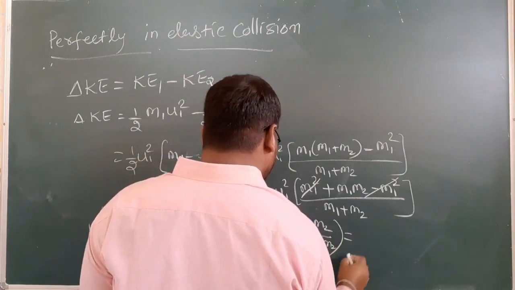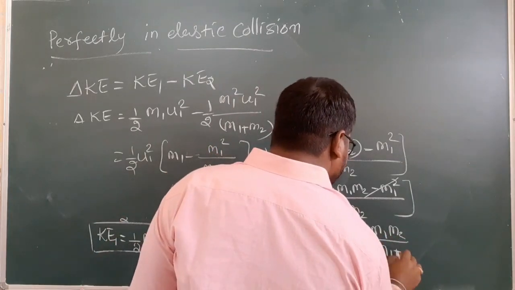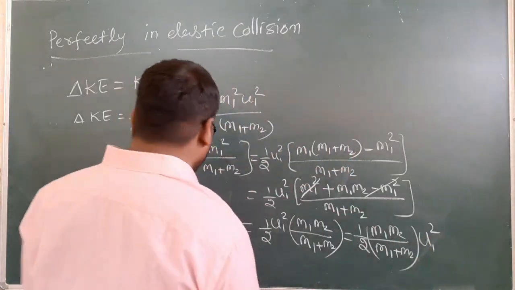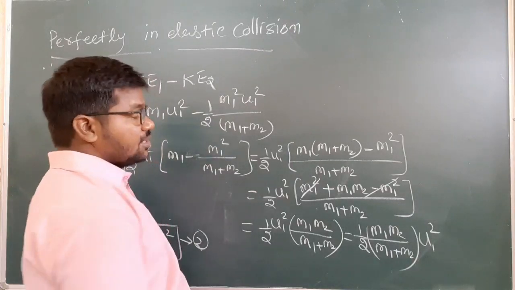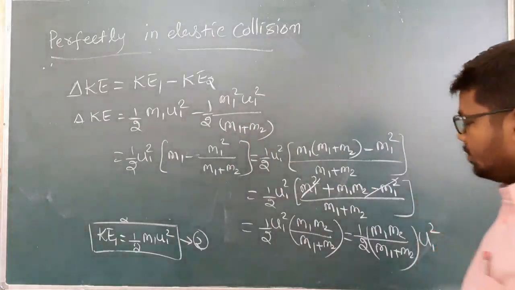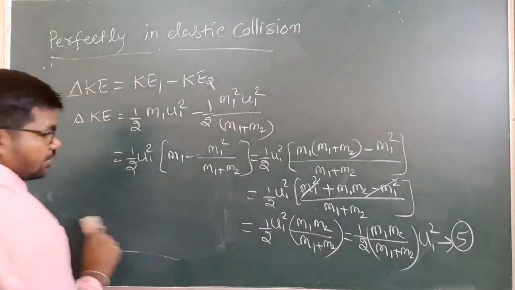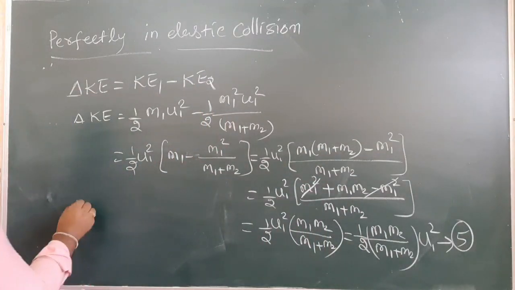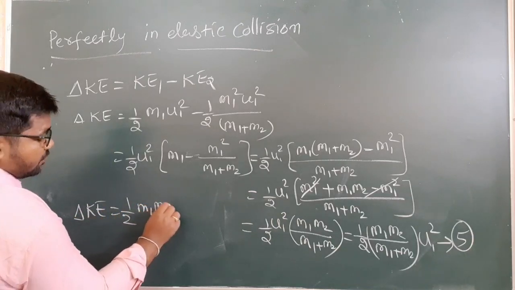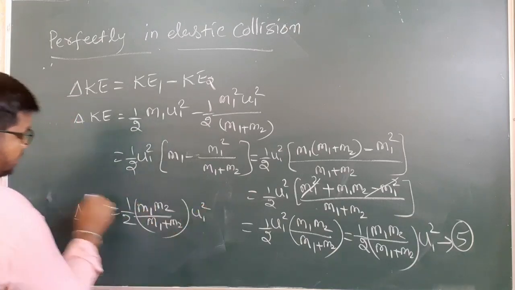Rearranging, we get 1 by 2 m1 m2 divided by m1 plus m2 into u1 square. This is equation 5. So delta KE is equal to 1 by 2 m1 m2 divided by m1 plus m2 u1 square.